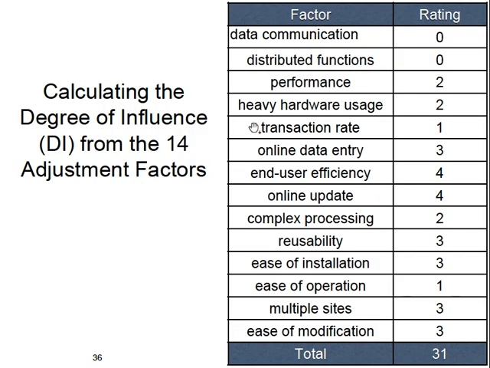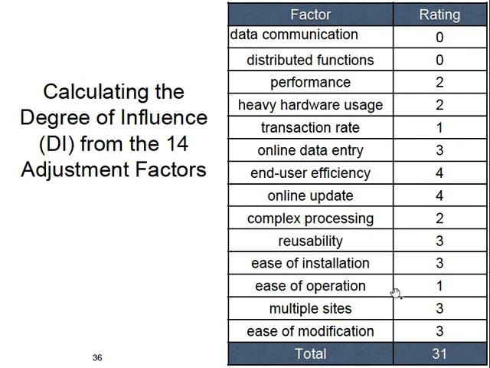This is an example of one system, okay? For each system, we may give different ratings. For this system, we give these ratings, and the total is 31.